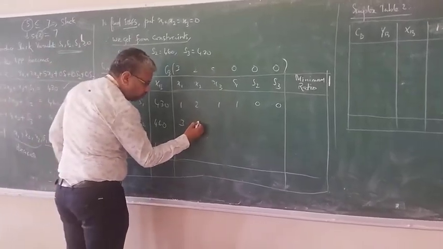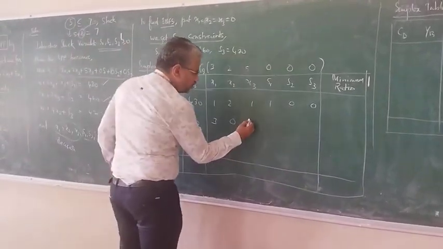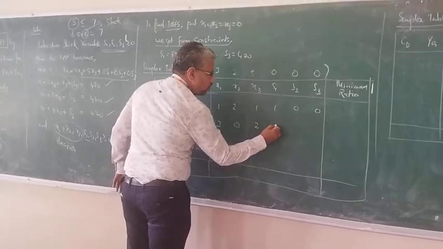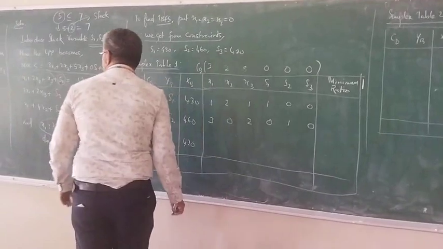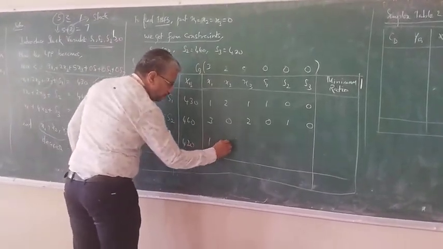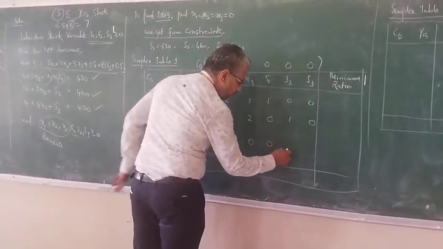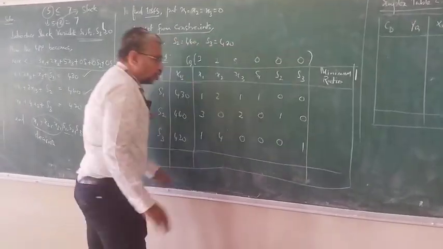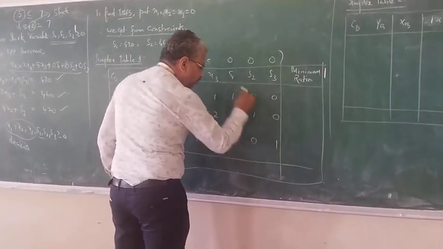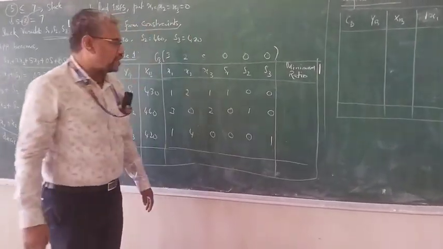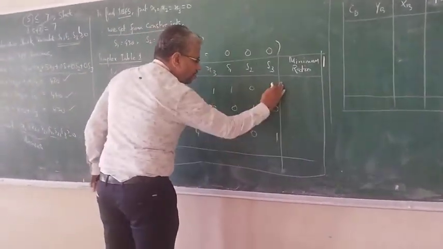There is no x2 variable in the second constraint, so put 0. The coefficient of x3 is 2. There is no s1, and s2 is 1, so 0, 1. Similarly for the third equation, 1, 4, 0. No s1, 0. No s2, 0. So 1. You have to ensure that the unit matrix is formed in each and every simplex table. I will tell you why in the later part of the problem.